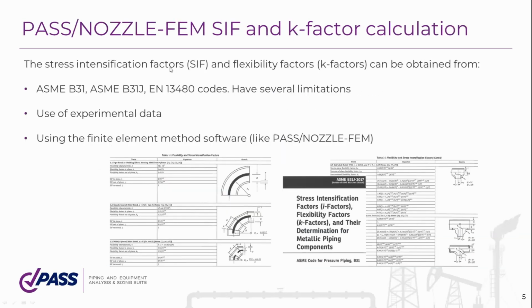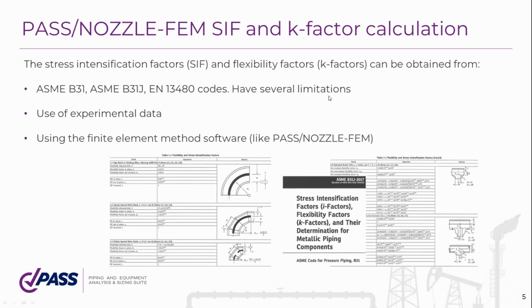How can we obtain the stress intensification and flexibility factors? Firstly, we can obtain them from the ASME B31 codes. Also, usually they have reference to the ASME B31J code. Also, you can find them in EN codes, but they have several limitations.